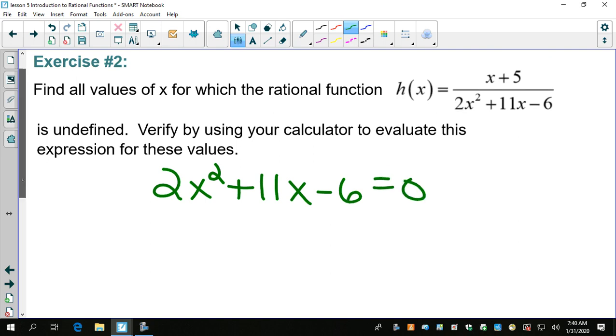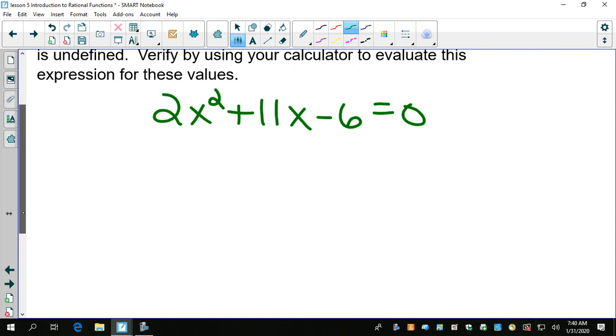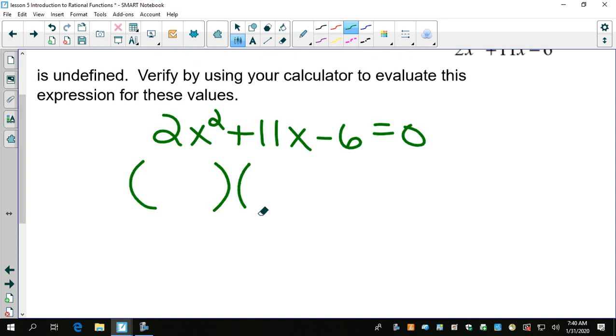So what do we do? Factor. Yeah, you could do quadratic formula, but I would try factoring here. So it would be what, guys? 2x and x. Can the 6 go with the 2? And then 1.